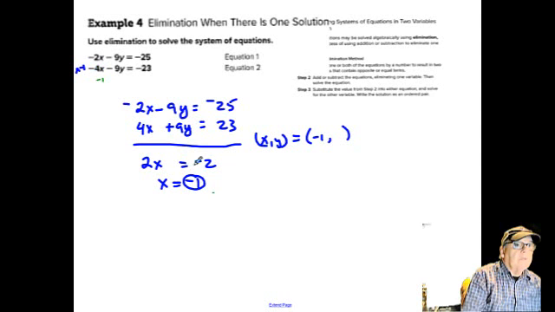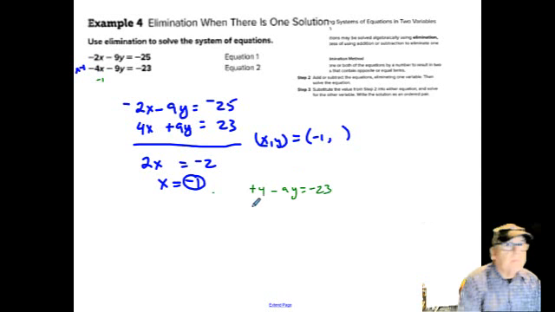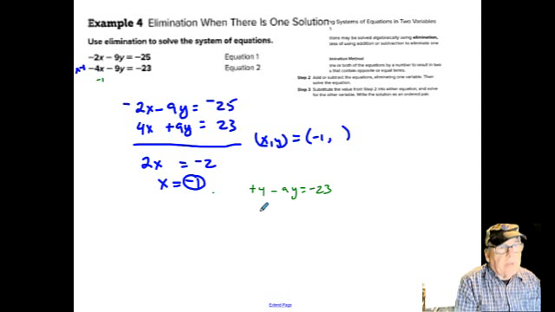So negative 4 times a negative 1 is a plus 4. Minus 9y equals minus 23. I'm going to take away 4 from both sides. Minus 9y is equal to minus 27.